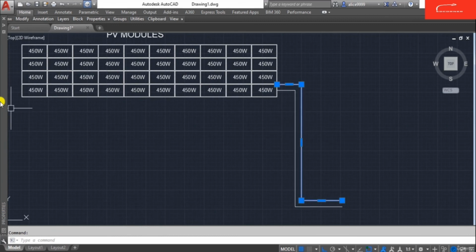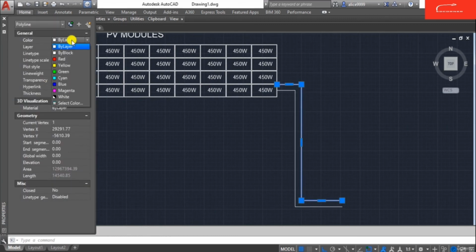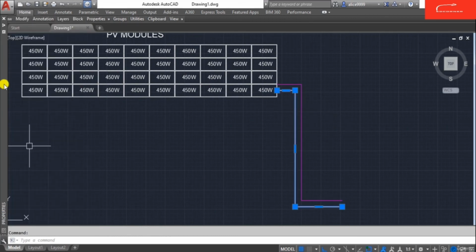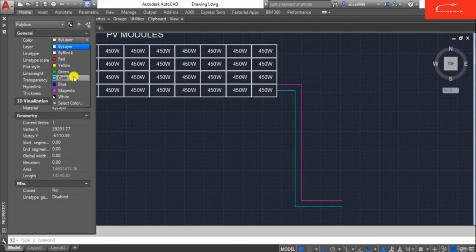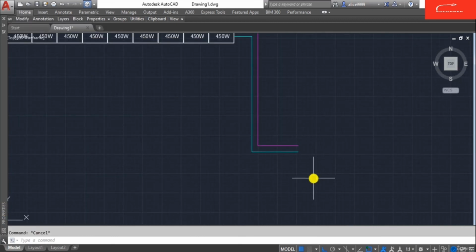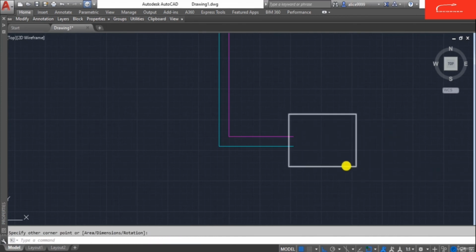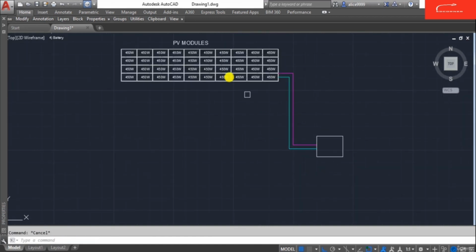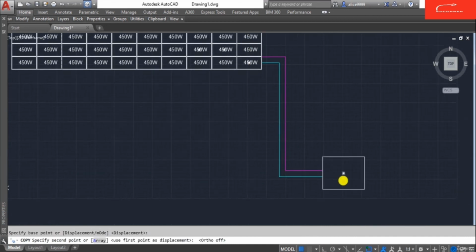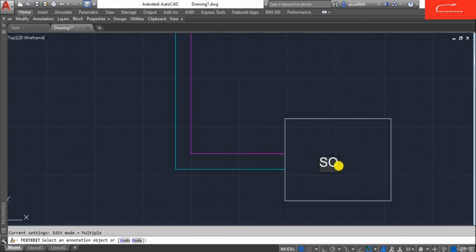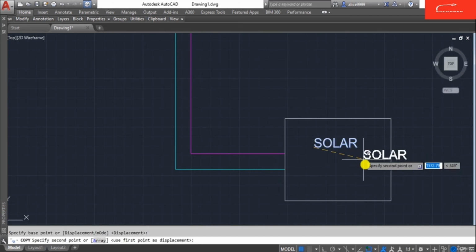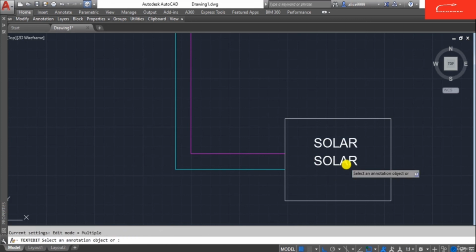So the cables are like this. This is the controller cable required for the solar electric panel. So here is the solar charge controller.